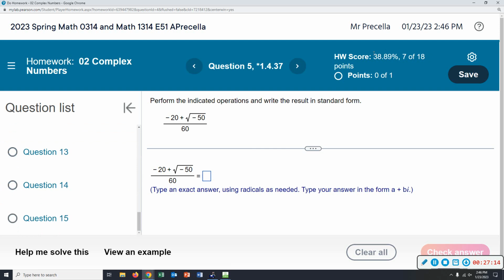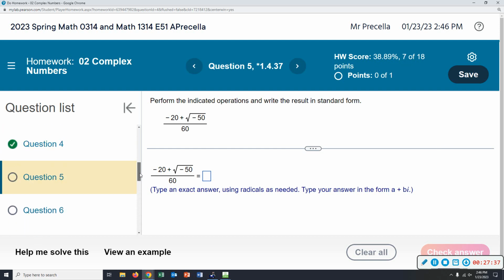The Pearson grade book will automatically update as you do these problems. The Canvas grade book is a little slower to update, but if it hasn't updated within 30 minutes, don't worry about it. Just tell us later to check and make sure.